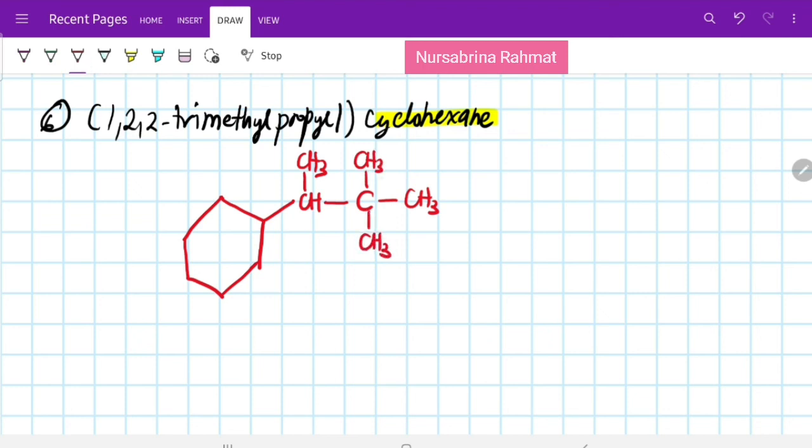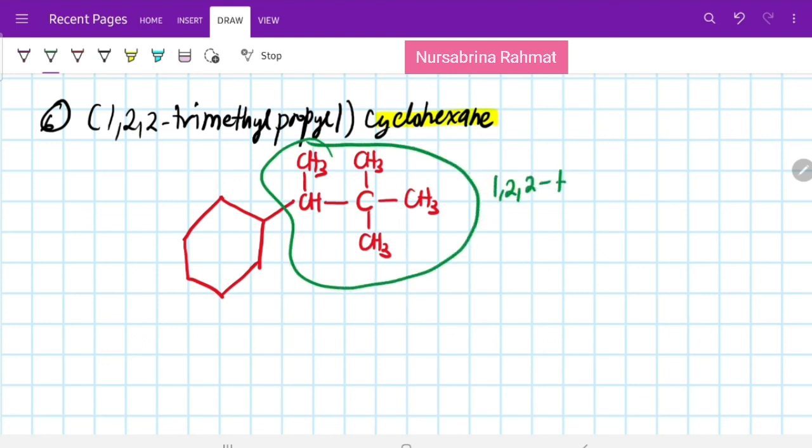So this is the substituent, your 1,2,2-trimethylpropyl. The main chain is the propyl here, but there are 3 methyl groups attached to your propyl, one at carbon number 1 and 2 at carbon number 2.